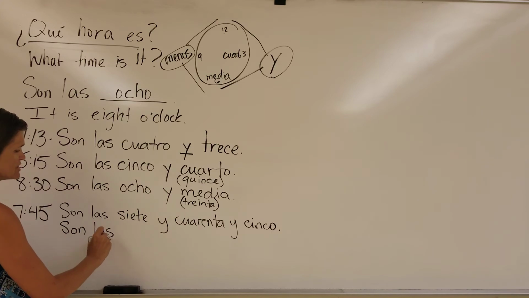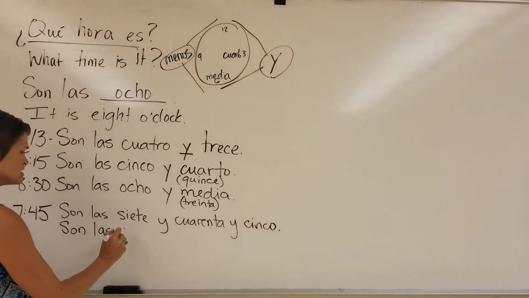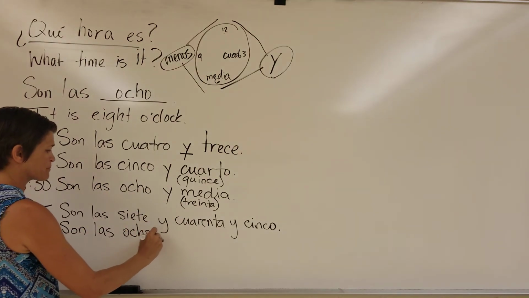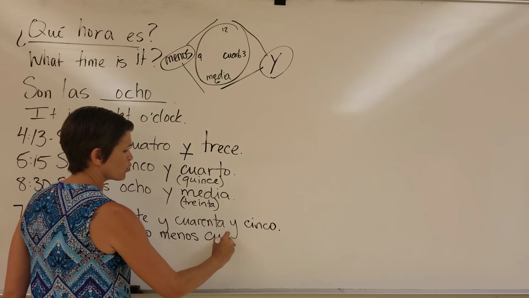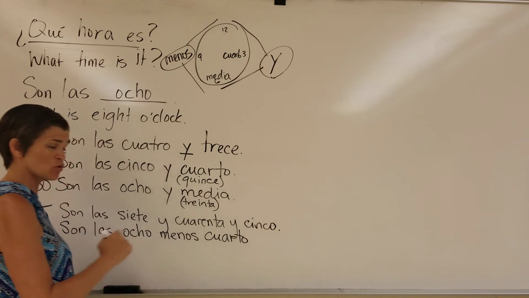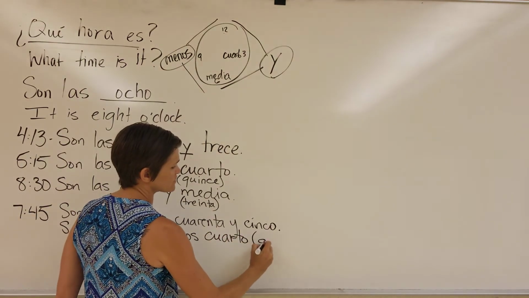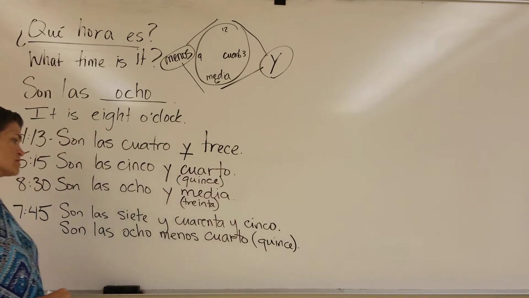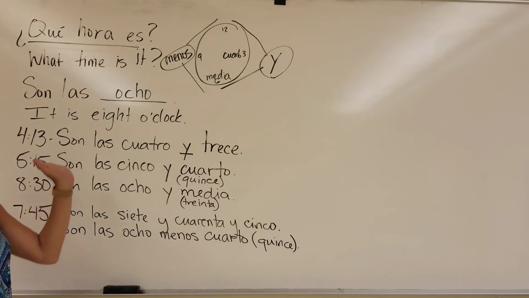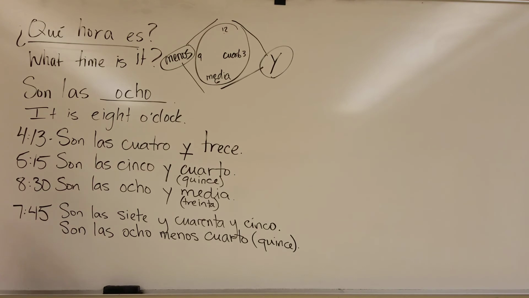So son las, and we'll go to the next hour that it almost is and say son las ocho menos cuarto, minus a quarter, or minus 15, menos 15. So once you're getting closer to the next hour, past the 30-minute mark, this only works when you've gone past the 30-minute mark, then you can subtract some time.